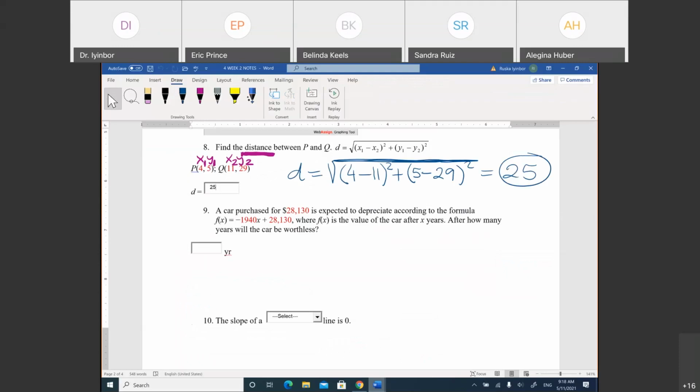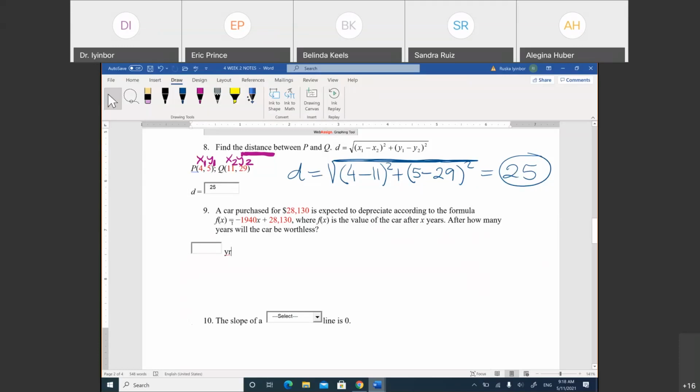The next one is number 9, and it's an application word problem. And here you're going to see why you need to use the formula, right? When you use the equation of line. So you have a car is purchased for $28,130. It's expected to depreciate according to the formula.